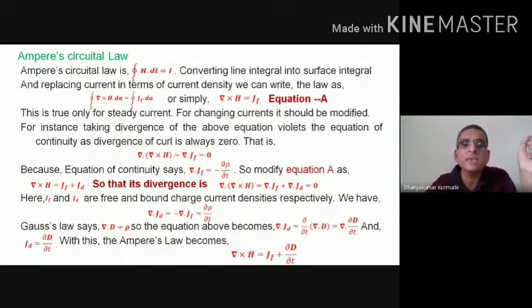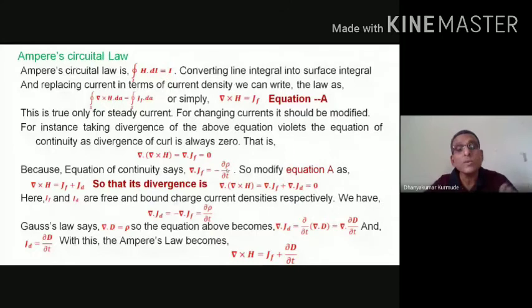Why do I say it is the rate of change of charge density? If charges leave the volume, the charge density will decrease. If charges enter the volume, there is an increase in the charge density. So in general, dou rho by dou t will indicate the rate of change of charge density as a result of leaving or entering of the charges within the volume.